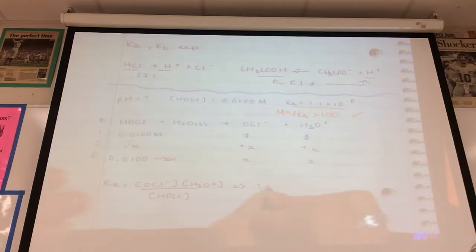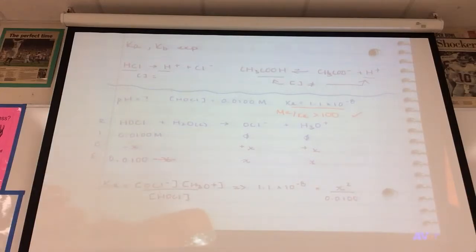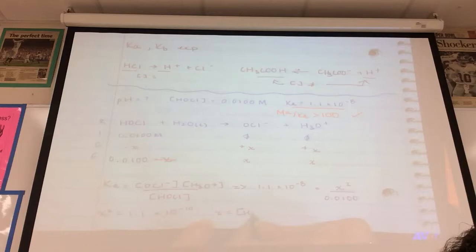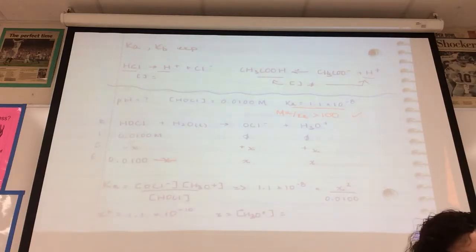You've got 1.1 times 10 to the negative 8 is equal to x squared over 0.0100. So x squared is equal to 1.1 times 10 to the negative 10. X, which is equal to hydronium ion concentration, square root.